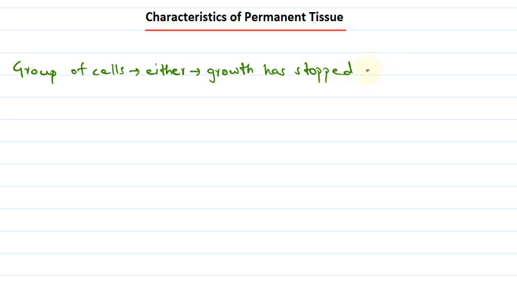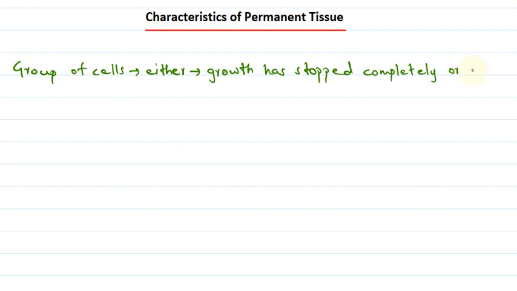Permanent tissues are the group of cells in which the growth has either stopped completely or stopped for the time being.